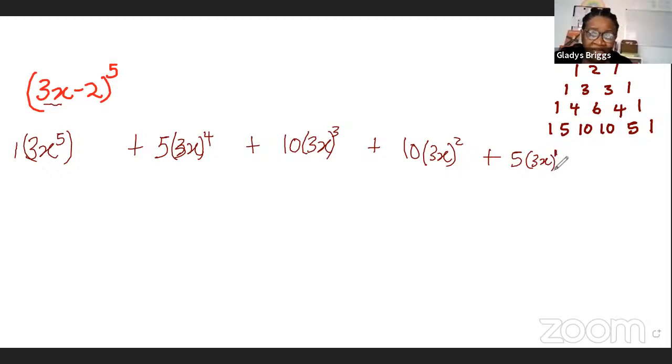I should have been putting that there. Plus 1 times 3x to the power of 0. So we get that bit.